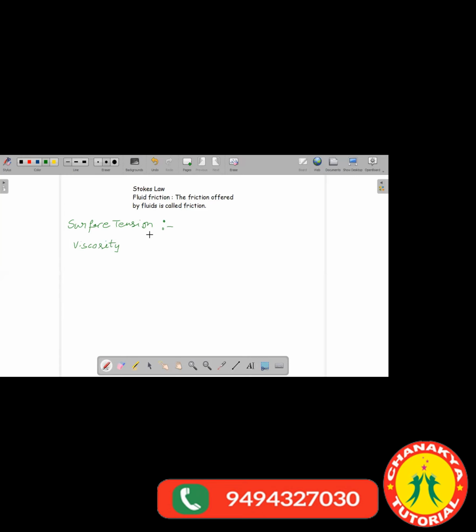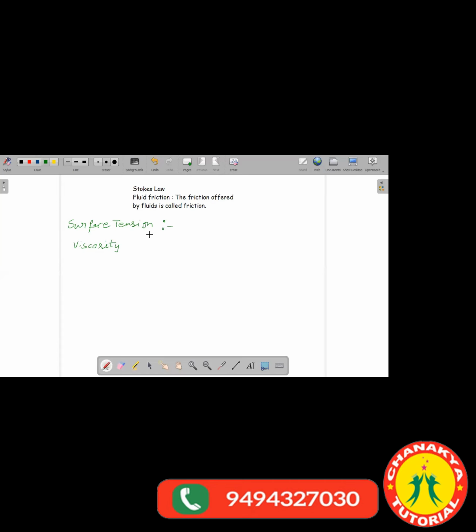For example, capillary action, the closing of the bristles, and the formation of water as a droplet. Why are water drops spherical in shape? That is also a reason of surface tension.